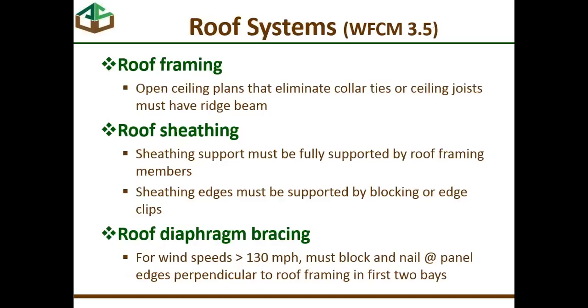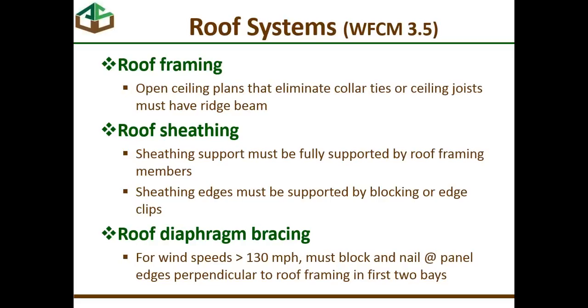So let's start with roof systems. There's a section in the Wood Frame Construction Manual that deals with roof systems. In the roof framing section, the item that caught my eye to highlight is that there can clearly be open framing plans in roofs, certainly in residential buildings these days, that would eliminate collar ties or ceiling joists.